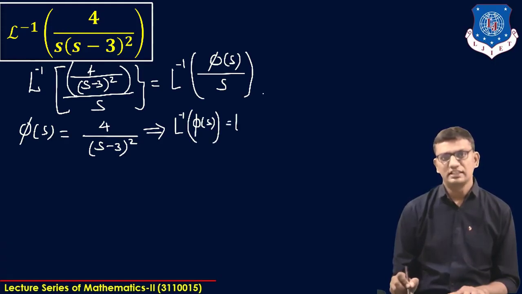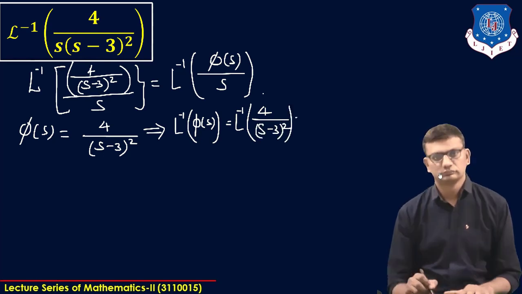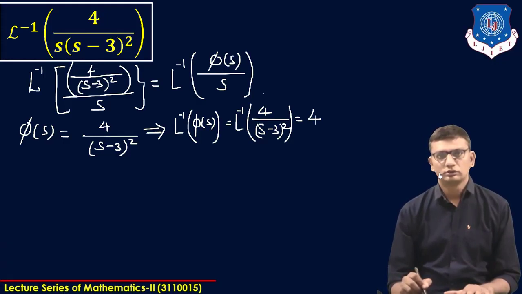That means L inverse of 4 upon (s minus 3) whole square is equal to 4 e raised to 3t into t by gamma 2.